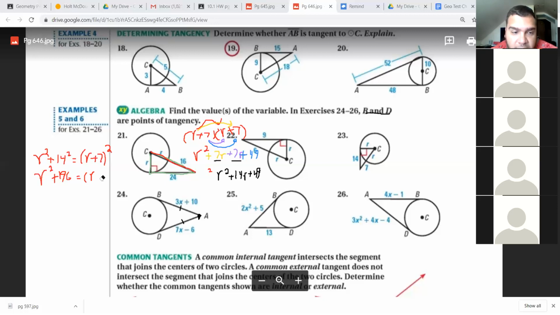So on the right side of my Pythagorean theorem, going back here, it's going to be r squared plus 14r plus 49. The first thing I want to do, I realize there's going to be a big issue if I leave r and r squared. But since this r squared matches this r squared, I can subtract both from the left and right side.